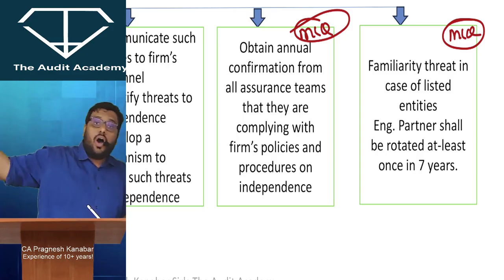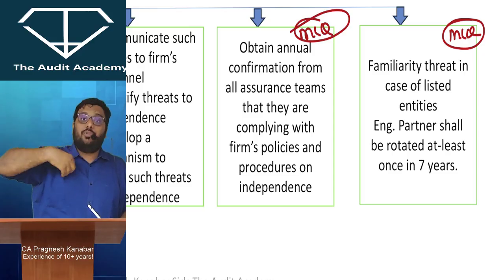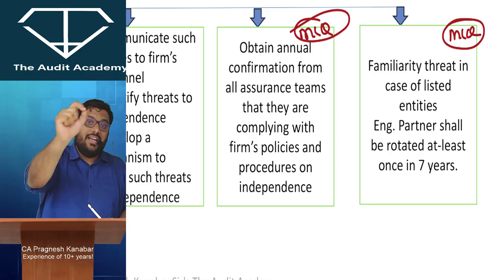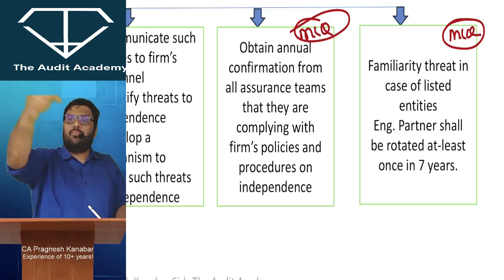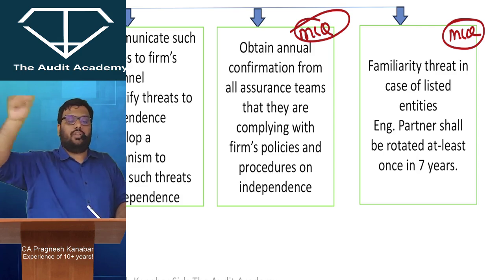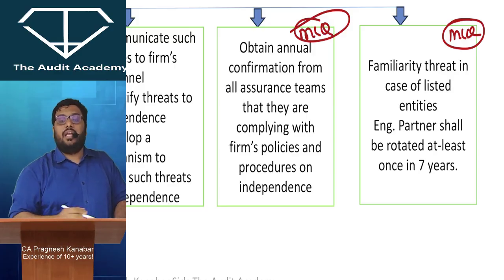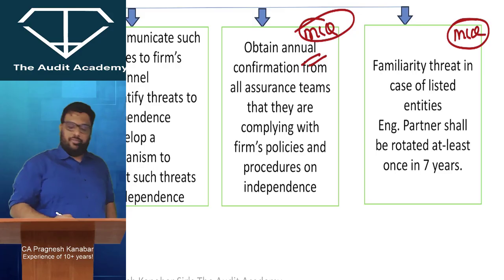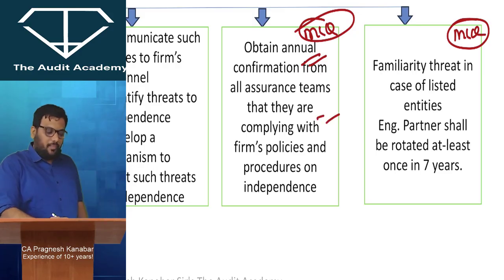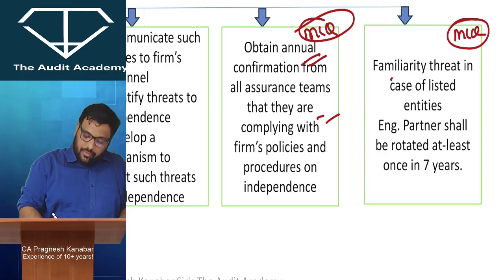From all the audit teams and assurance teams, the firm should take a signed declaration, from all employees, articles, everyone involved in audit and assurance teams, that you are complying with firm's policies and procedures for independence. Look at this. Obtain annual confirmation from all assurance teams that they are complying with firm's policies and procedures on independence. One more MCQ point.